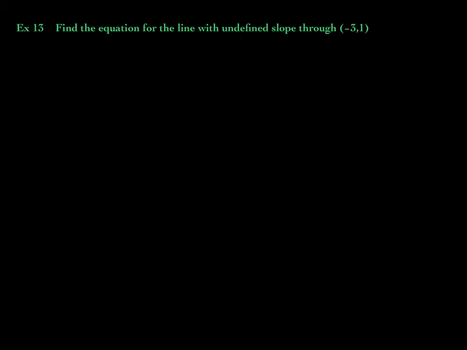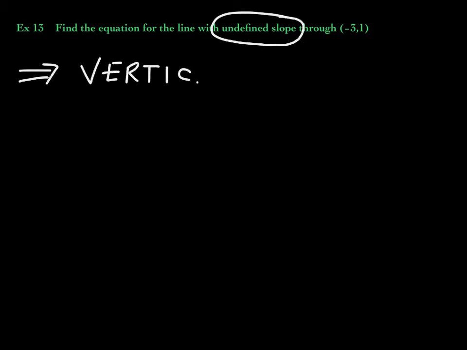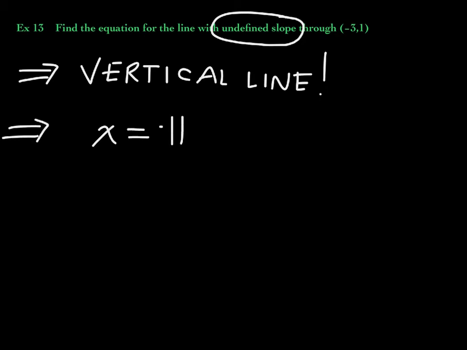Find the equation for the line with undefined slope that's going through -3, 1. Okay, guys, undefined slope means that your line must be vertical because all vertical lines have undefined slope. Now wait a minute. If our line is a vertical line, then the equation looks like this: x equal to just a number.